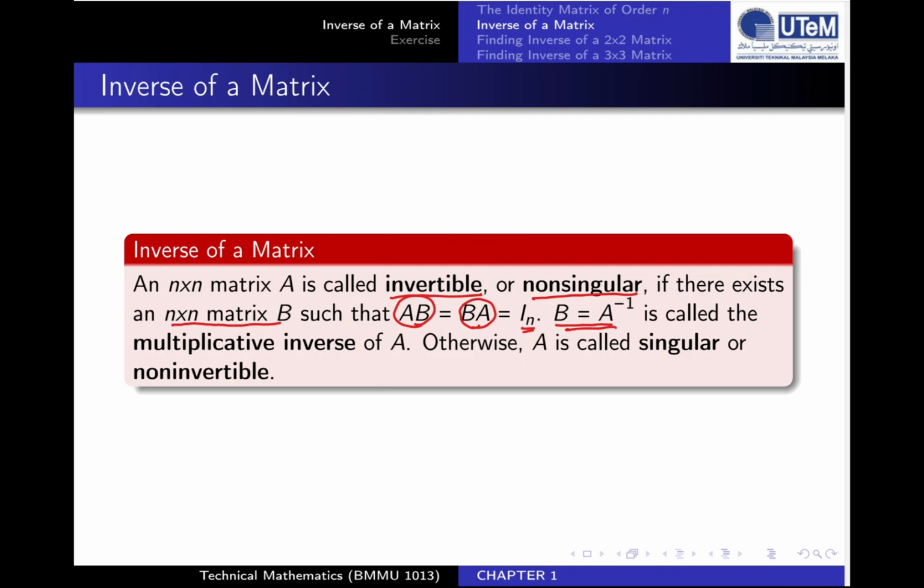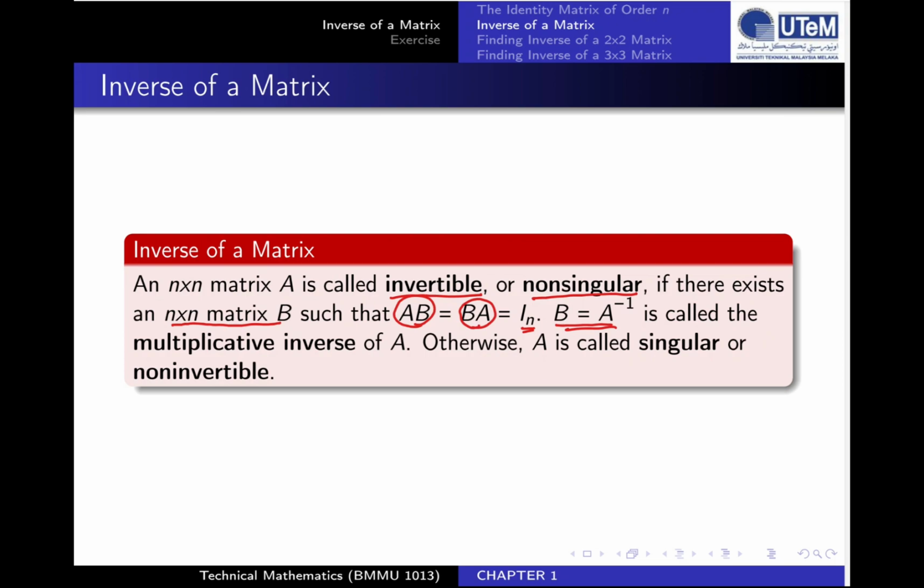This means that if you multiply two matrices and the answer is the identity matrix, then the matrix is multiplied by its inverse.